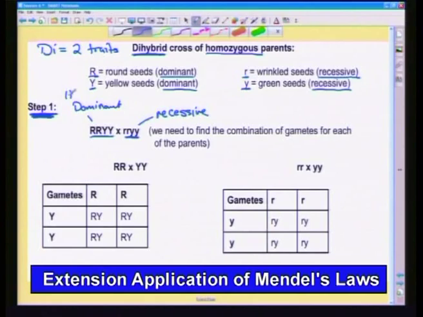So homozygous dominant and homozygous recessive.